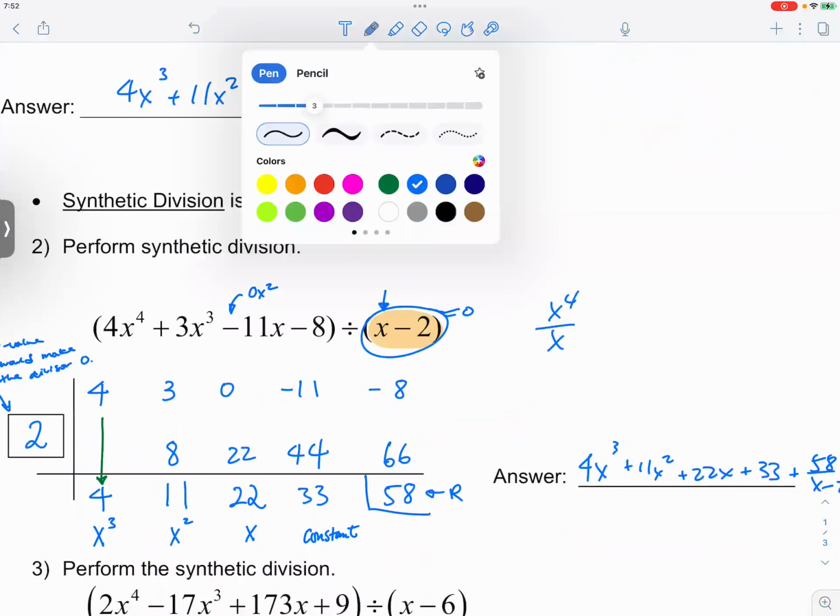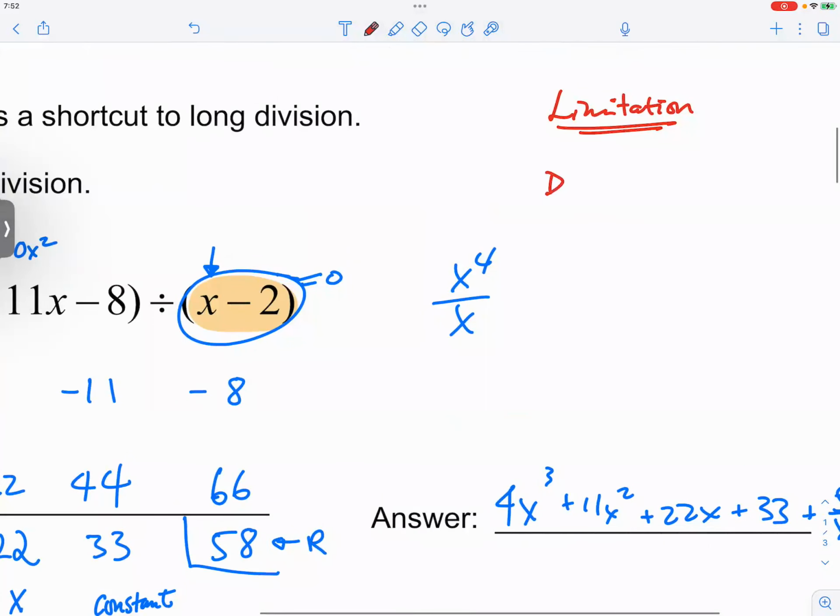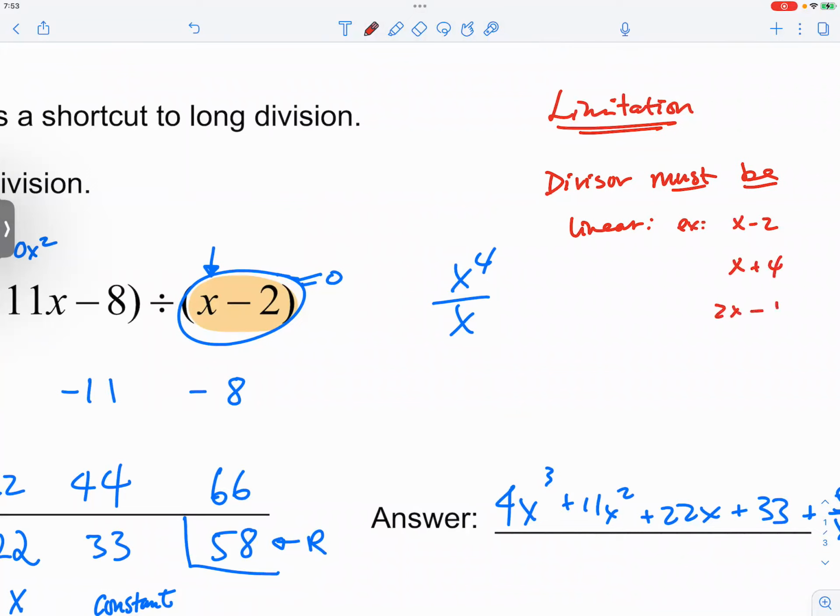What's the limitation of synthetic division? Long division can work for any kind of scenario. It doesn't matter what you're dividing, just go ahead and use long division. But for synthetic division, the divisor must be linear, meaning examples would be like x minus 2, x plus 4, maybe 2x minus 1.